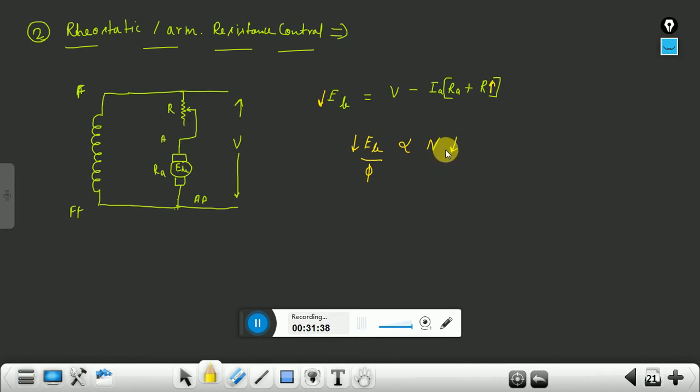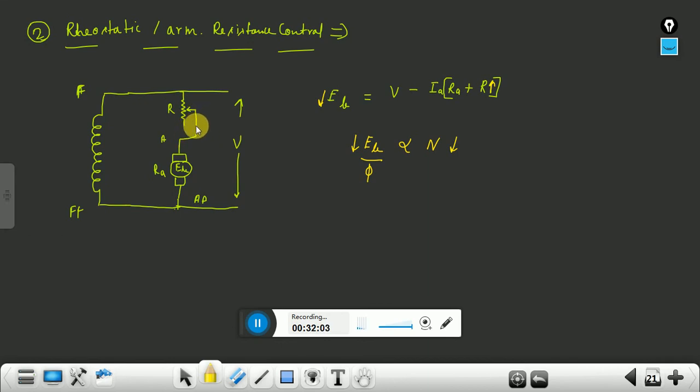Okay, so basically by connecting external resistance in series with the armature, the voltage across the armature varies. Consequently the speed varies. Okay, it is basically voltage control without varying the supply voltage.